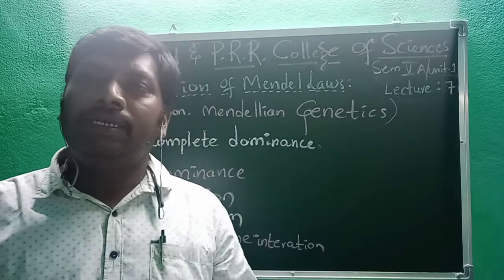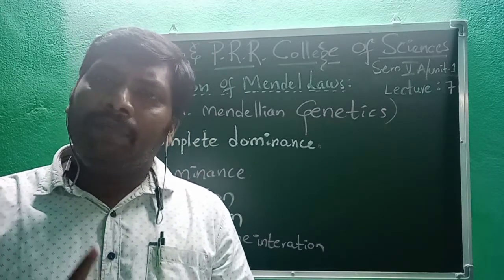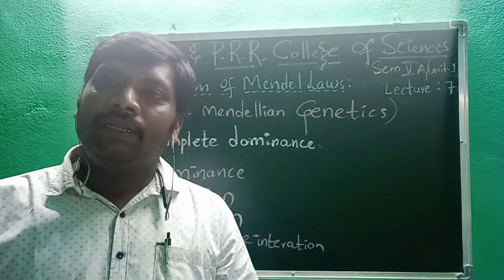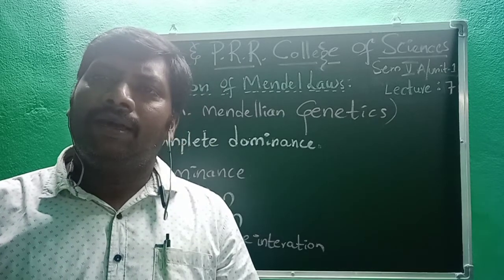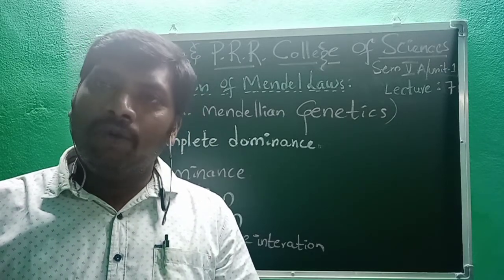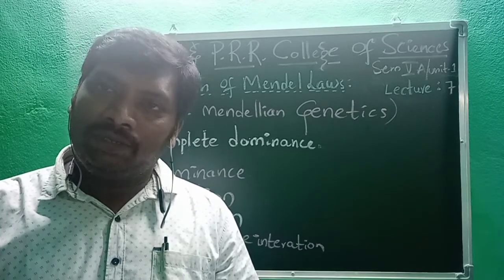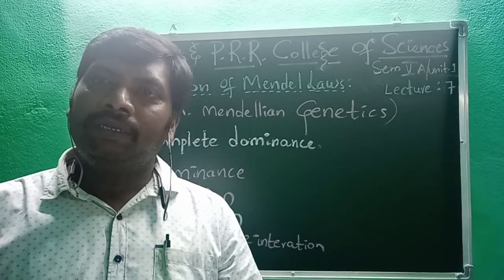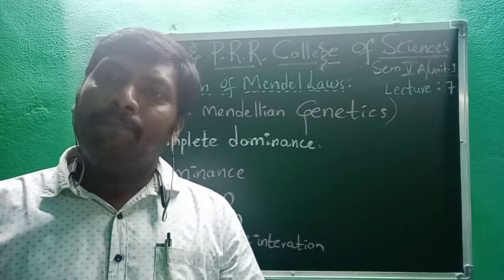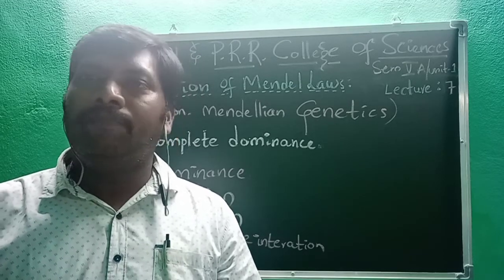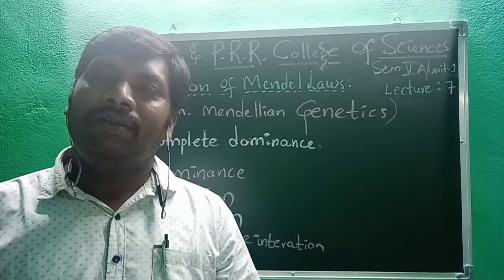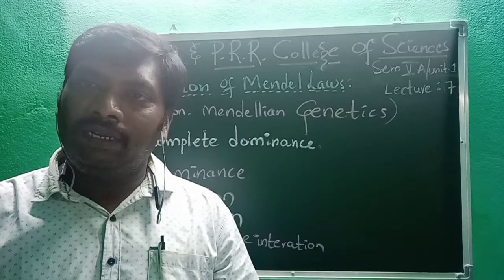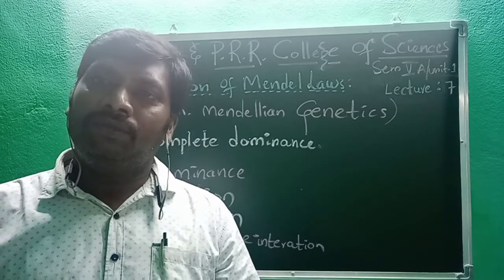Mendel's laws: the law of dominance, the law of segregation, the law of independent assortment, the monohybrid ratio, that is 3 is to 1, the dihybrid ratio, that is 9 is to 3 is to 3 is to 1, and the trihybrid or multihybrid or polyhybrid ratio, which is 27 is to 9 is to 9 is to 9 is to 3 is to 3 is to 3 is to 1.